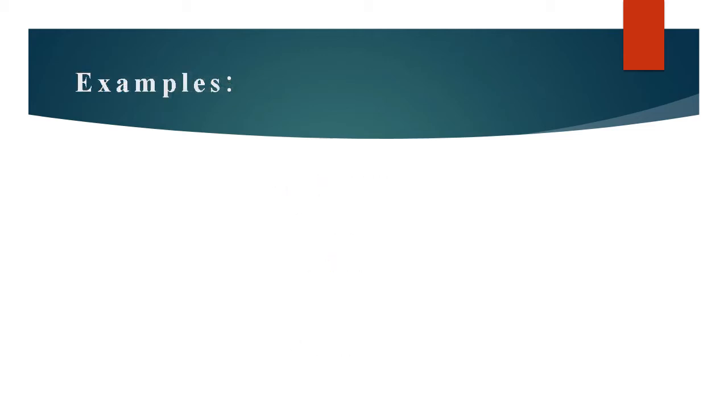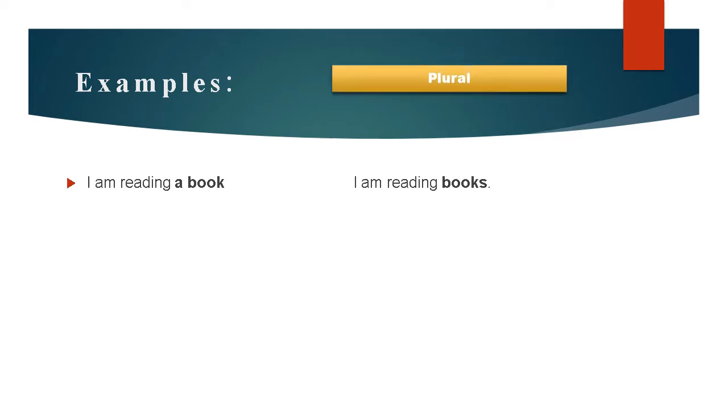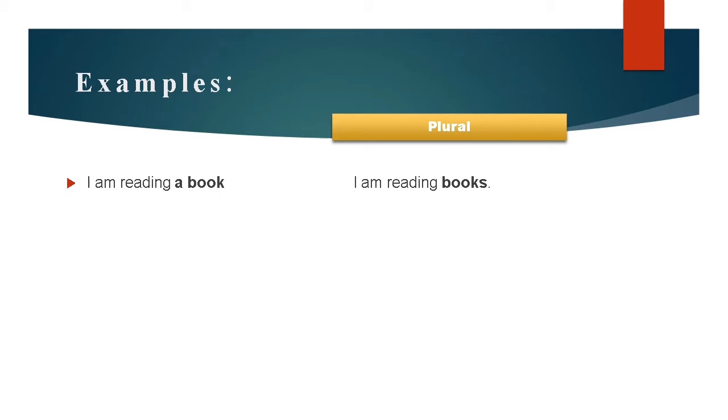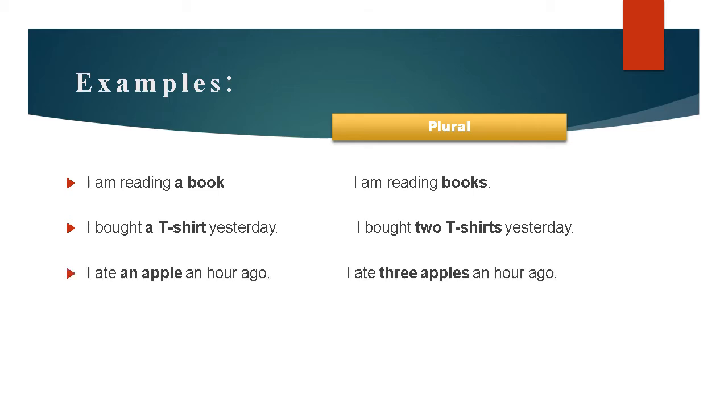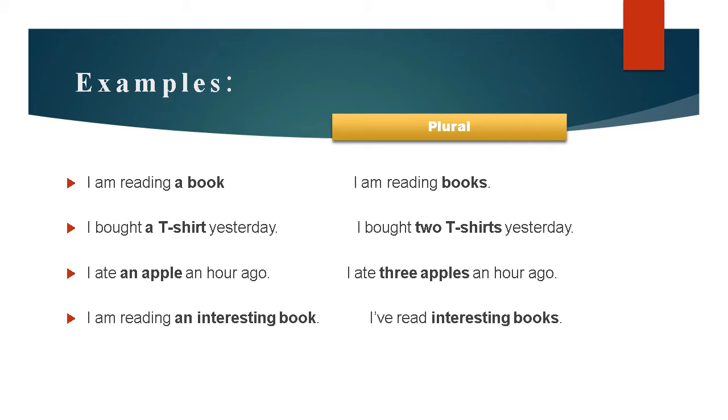Let's have examples. I am reading a book. In plural, وش نقولوا? I am reading books. I bought a t-shirt yesterday. I bought 2 t-shirts yesterday. I ate an apple an hour ago. I ate 3 apples an hour ago. I'm reading an interesting book. I've read interesting books.